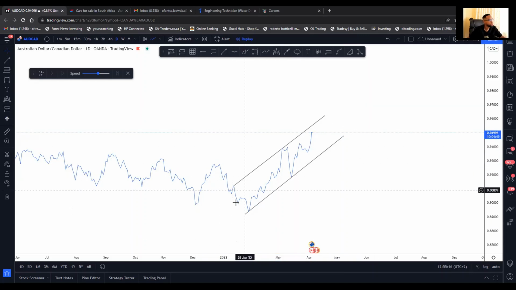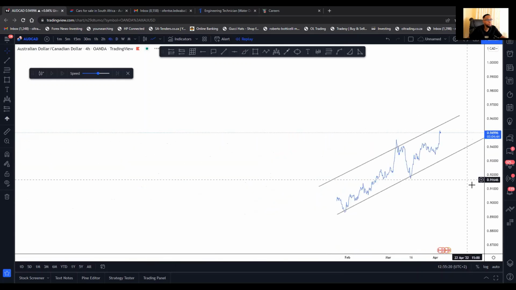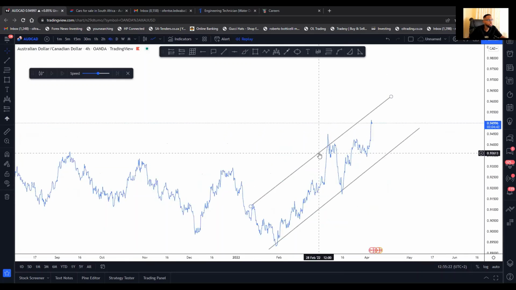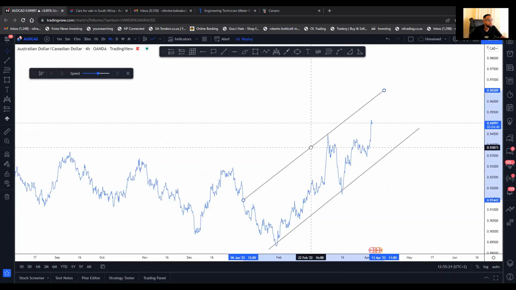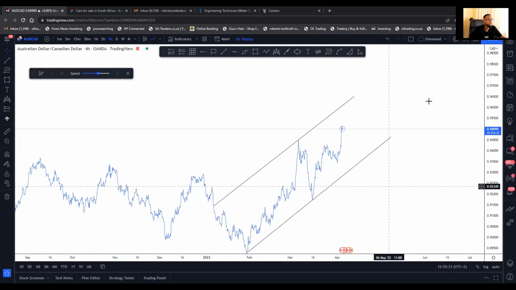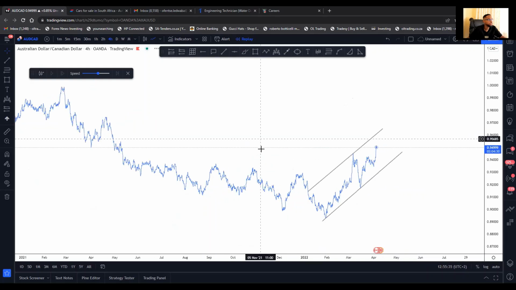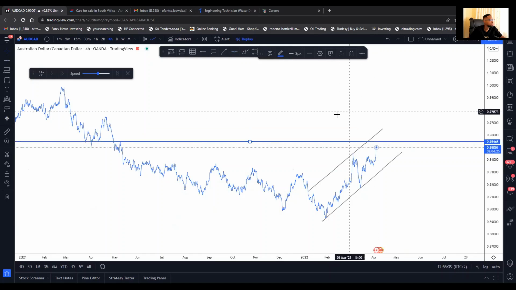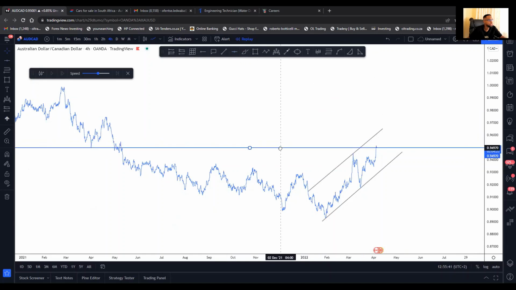Or subsequently, you can draw the two lines at the same time. Then you go to 4 hour. Okay, and take this one, put it here. And then now just see the points of confluence where the market tends to react.